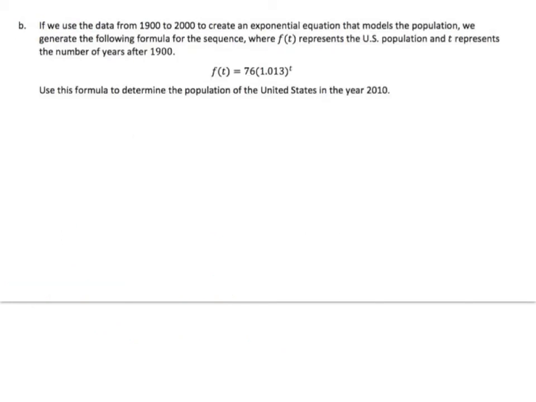If we use the data from 1900 to 2000 to create the exponential equation that models population, we generate the following formula, where f of t represents the U.S. population and t represents the number of years after 1900. Use this formula to figure out the population in 2010.